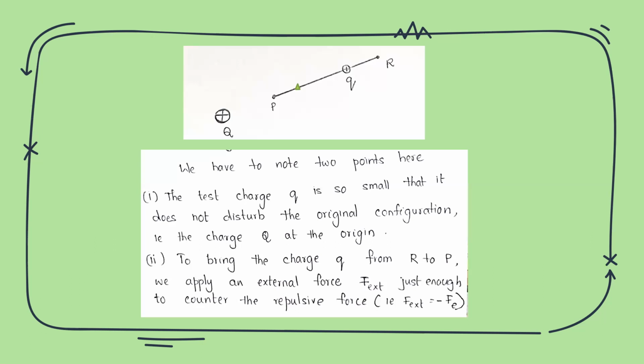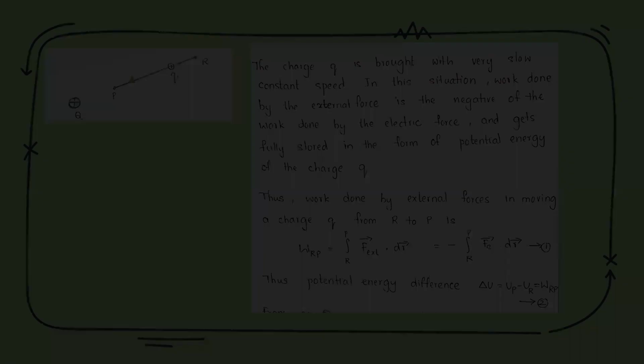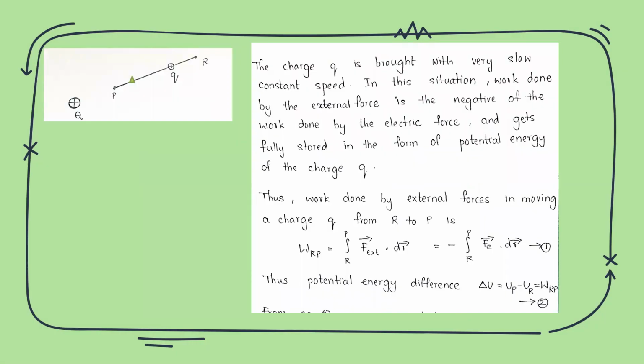Then only we can move small q towards capital Q. We have seen 2 points: first, it should not disturb the position of capital Q. Second, the applied external force should be equal and opposite to the repulsive force. These 2 points we have already noted.